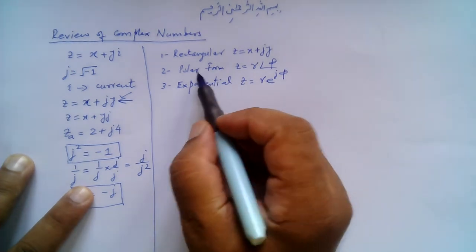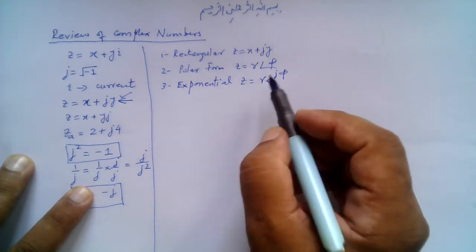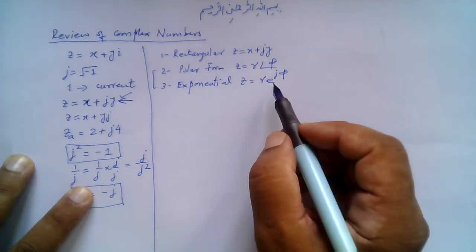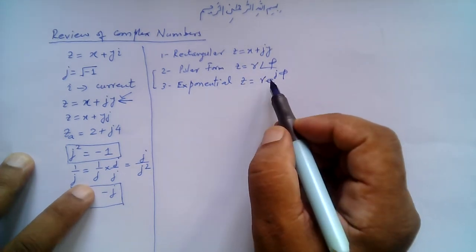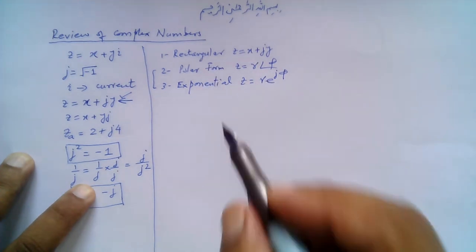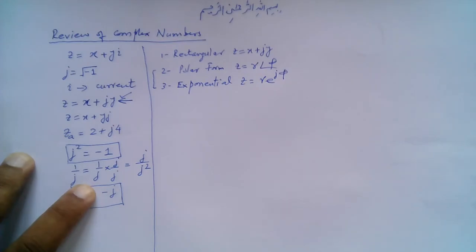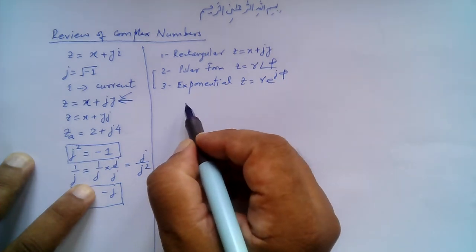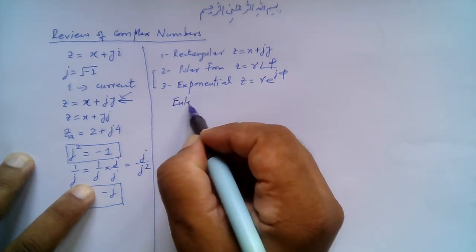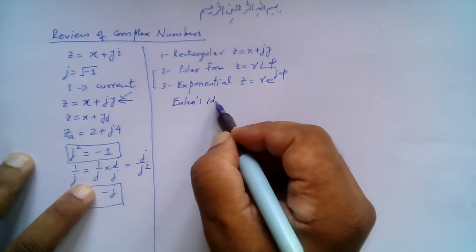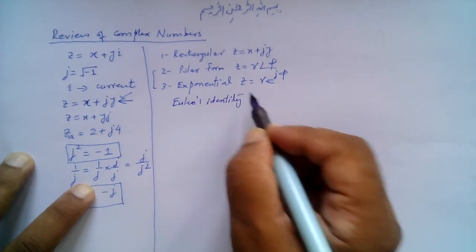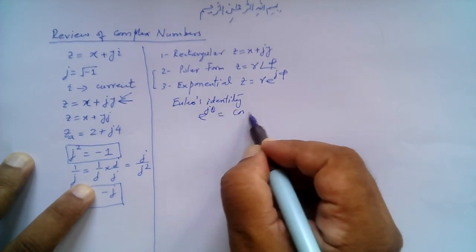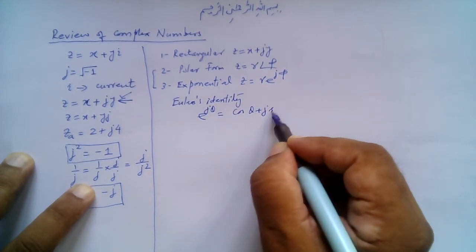The polar form and the exponential form are quite similar. Both are represented in terms of r and phi, and all these three forms can be related to each other. For example, if you know Euler's identity, which is basically e to the power j theta is equal to cos theta plus j sine theta.